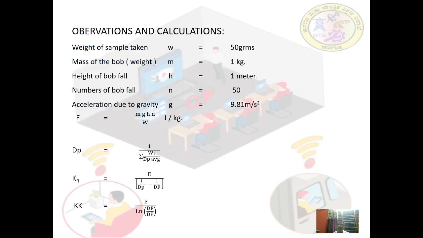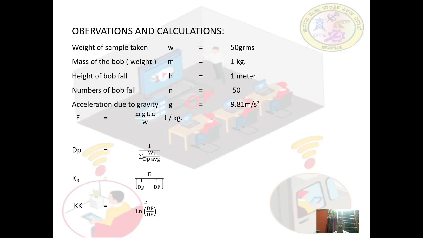This is the observation and calculation. Weight of the sample taken is 50 grams. Mass of the bob or weight, M, is equal to 1 kg. Height of the bob fall, H, is equal to 1 meter. Number of bob falls, N, is equal to 50.